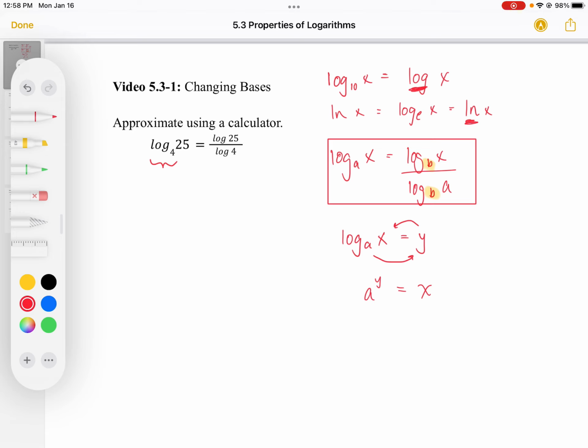Now, if we just decided to take the log of both sides, so we took the log of the right side and the log of the left side, I'm just going to rewrite it because it's kind of squished over here.